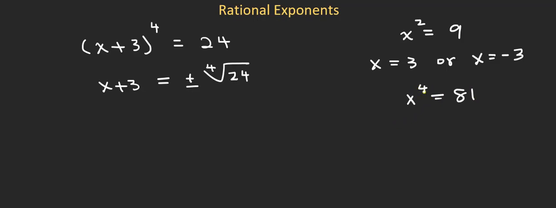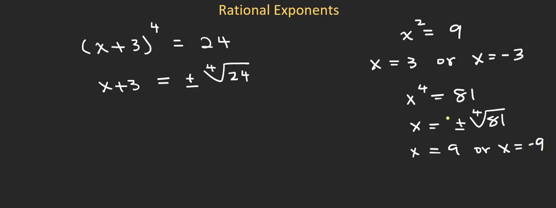Again, the power is even, so you're going to have x equals plus or minus the fourth root of 81, which will be x equals positive 3 or x equals negative 3. So whenever you get rid of an even power, just note that you're going to have two solutions instead of one.